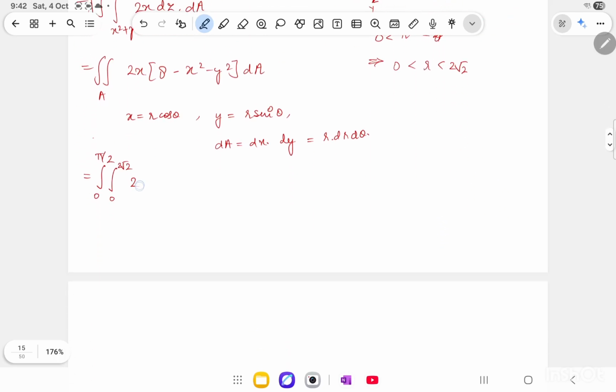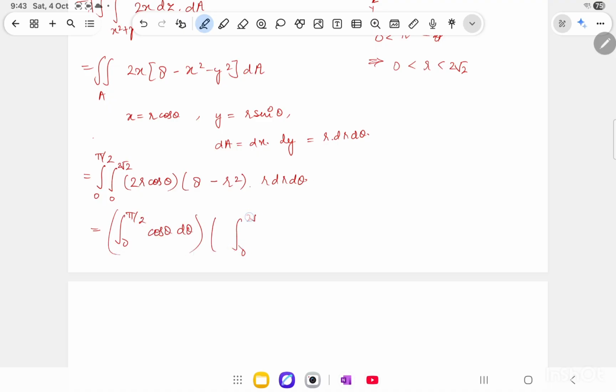So it will equal the integration of 2r cos theta into 8 minus r square, since x square plus y square is r square, and dA is r dr d theta. That simplifies to the integration from 0 to pi by 2 of cos theta d theta, into the integration from 0 to 2 root 2 of 2r into 8 minus r square, and this is 2r square because of this extra r, dr.